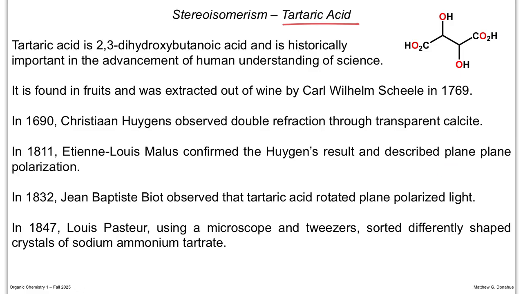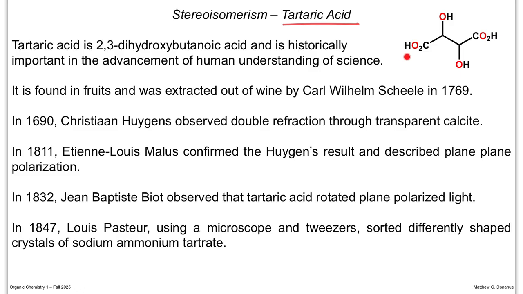And so earlier than that, in 1690, Huygens observed double refraction through transparent calcite. In 1811, Malus confirmed Huygens' result and described plane polarized light. And so within these last couple hundred years, people started to observe how sunlight was interacting with these different substances. And then in 1832, Biot observed that tartaric acid rotated plane polarized light. So this is one of the first examples of polarimetry. And so that leads to these questions of why is this happening? And then in 1847, the famous Pasteur experiment using a microscope and tweezers was able to sort out these different crystals of this sodium ammonium salt.